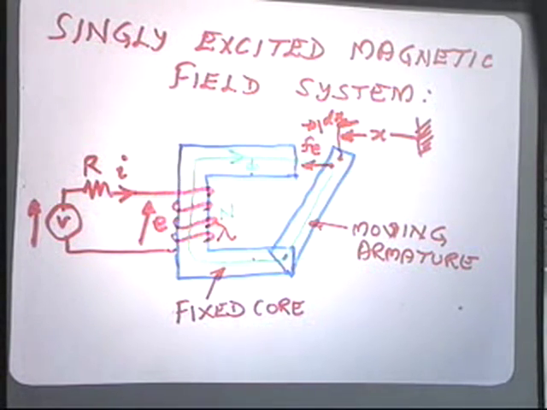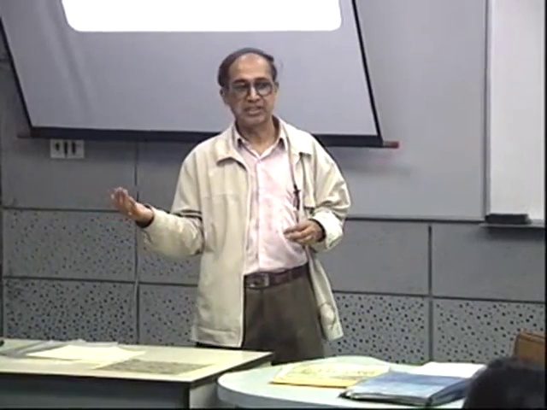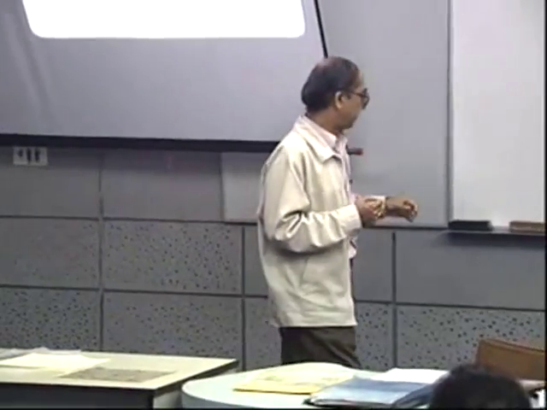So at any given time, a certain magnetic field energy is stored, and any change in the magnetic field energy results in a response in the electrical system in the form of voltage, and in the mechanical system in the form of force. So the electrical circuit field response is in terms of voltage and current, and the mechanical circuit field response is in terms of force and displacement, and so on.